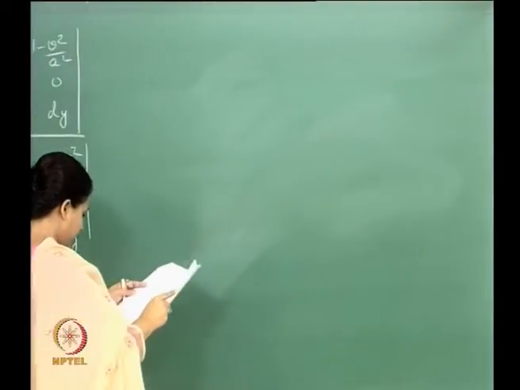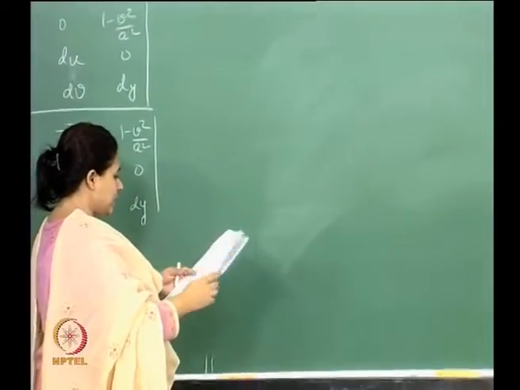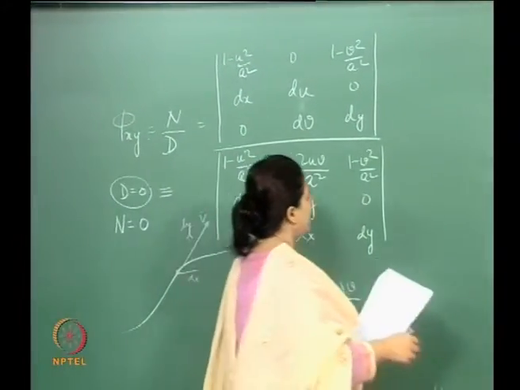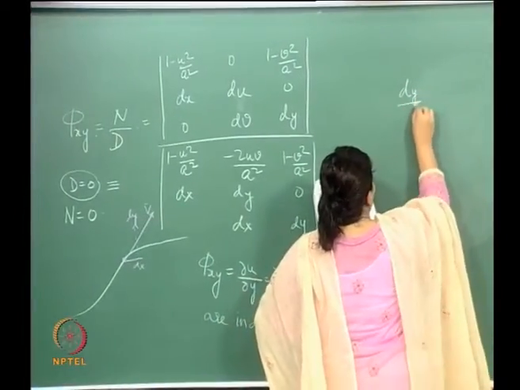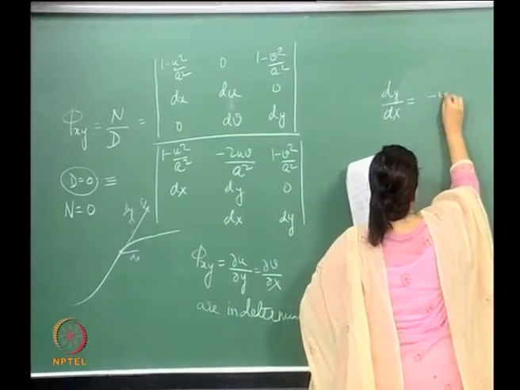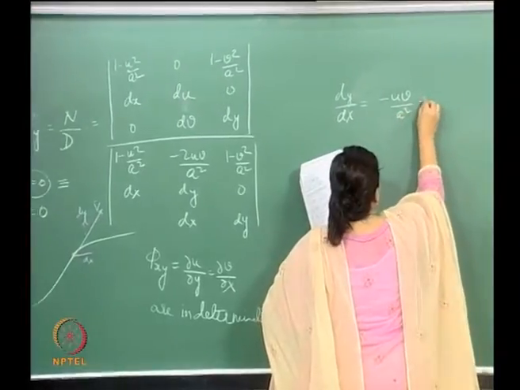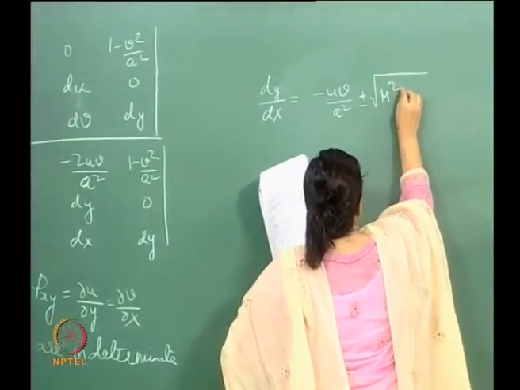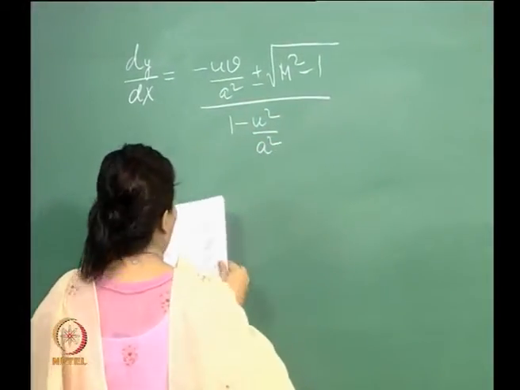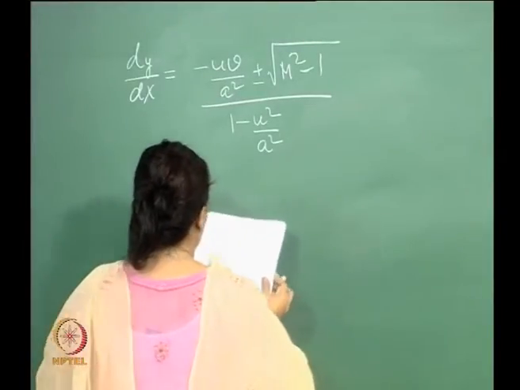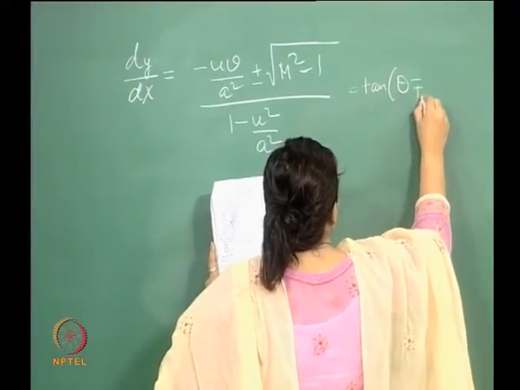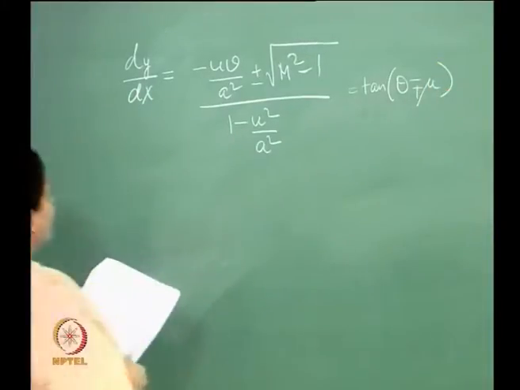Now, what we also did is that we were able to find the equations of the characteristic lines by setting d is equal to 0, and we found dy by dx is equal to this, which we also said is equal to this.